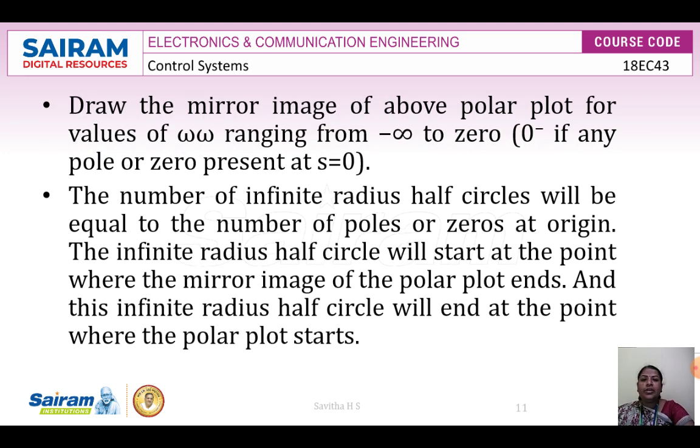Draw the mirror image of the above polar plot for omega ranging from minus infinity to 0. The number of infinite radius circles will be equal to the number of poles or zeros at the origin. The infinite radius circle will start at the point where the mirror image of the polar plot ends, and this infinite radius circle will end at the point where the polar plot starts.